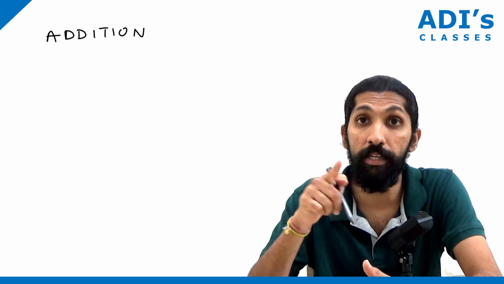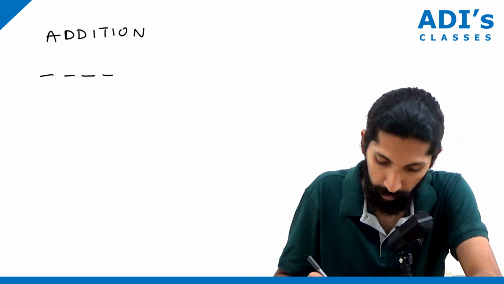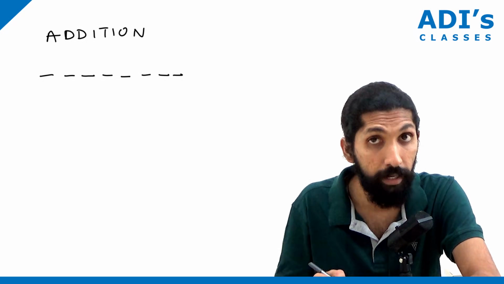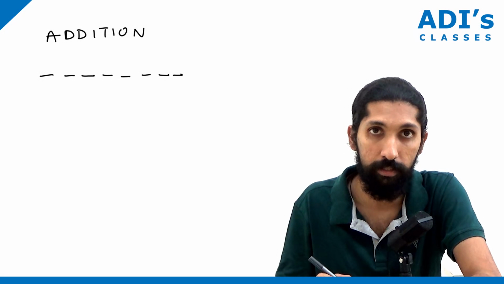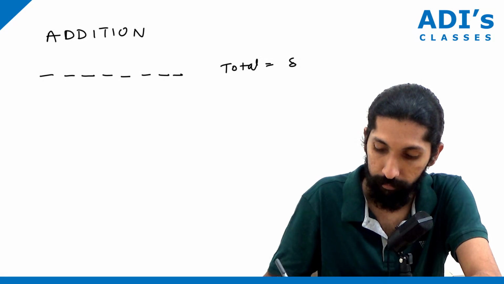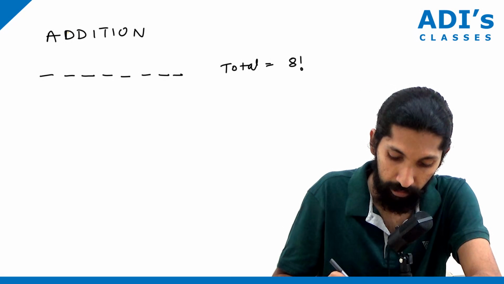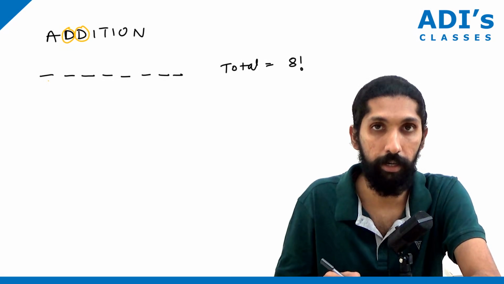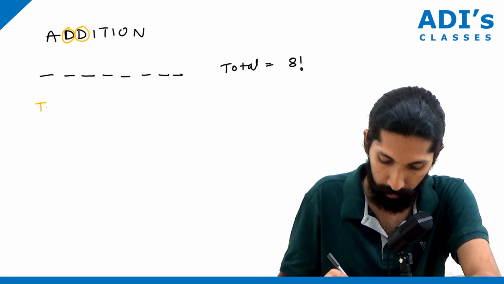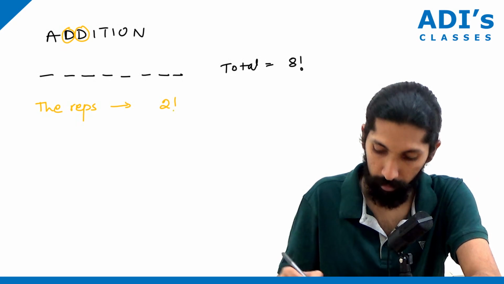First, we'll calculate how many letters there are: 1, 2, 3, 4, 5, 6, 7, 8. There are 8 letters, so in total it's going to be 8 factorial. Then the repetitions. D is repeated twice, so we have 2 factorial.